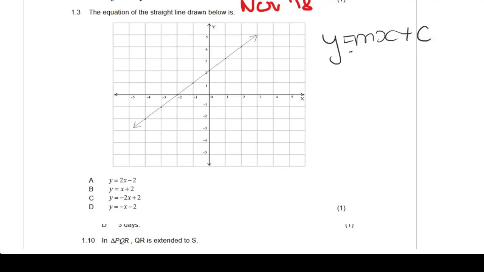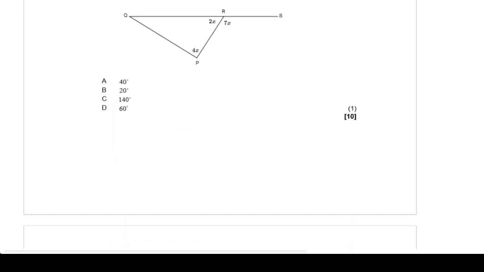M is the gradient, right? And how do you work out the gradient? You say delta y over delta x. Remember, y over x, not x over y. It'll be y over x, which is equal to y2 minus y1 divided by x2 minus x1.